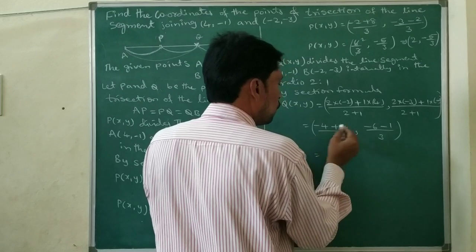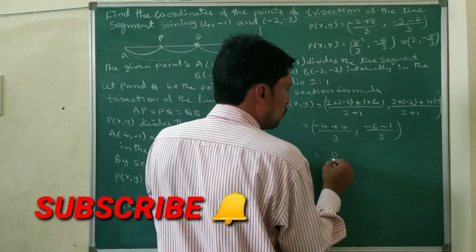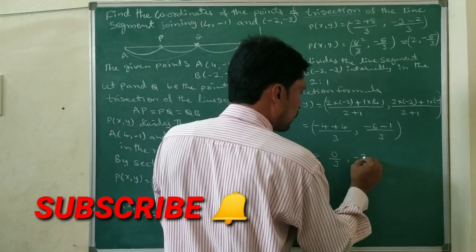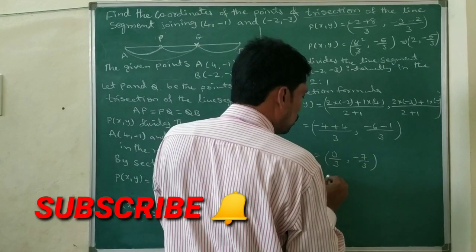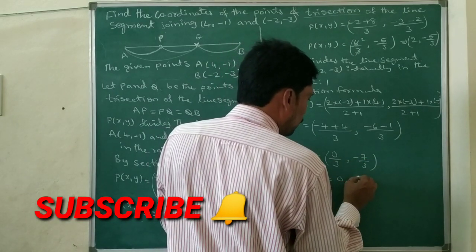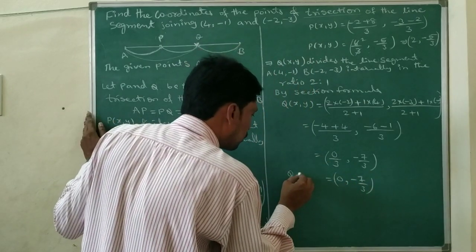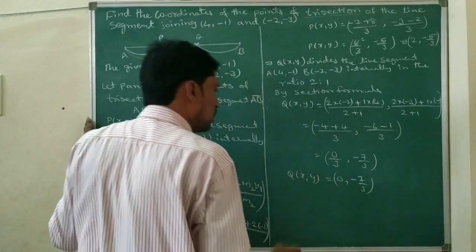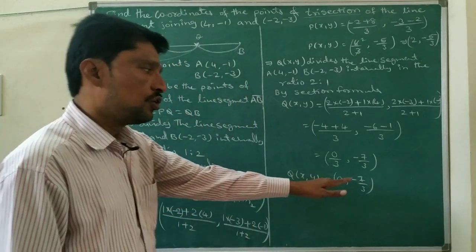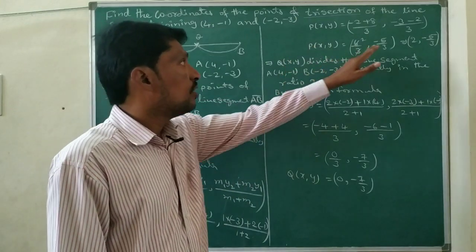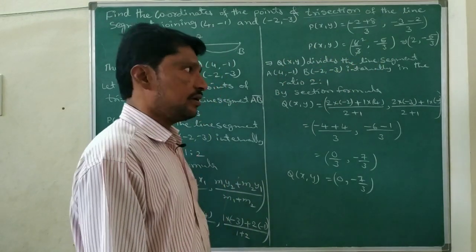That equals -4 plus 4, that value is 0 by 3, comma, -6 minus 1 that is -7 by 3. So 0 by 3 is 0, and -7 by 3. So the coordinates of Q are (0, -7/3) and the coordinates of P are (2, -5/3).